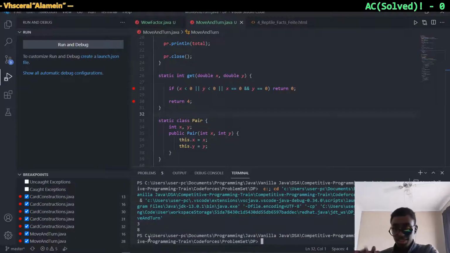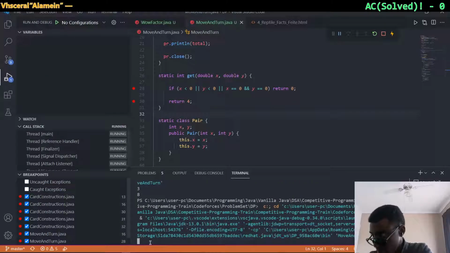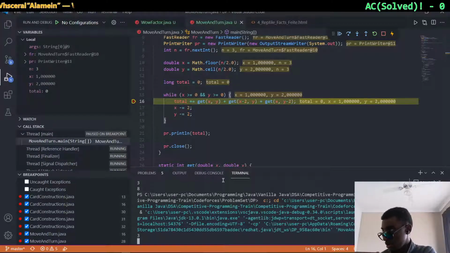3 can't give me 8, 3 has to give me 12, but now it's not accounting for something else. So it's testing 1, 2 now. What about 2 and 1, my friend? You forgot about 2 and 1.